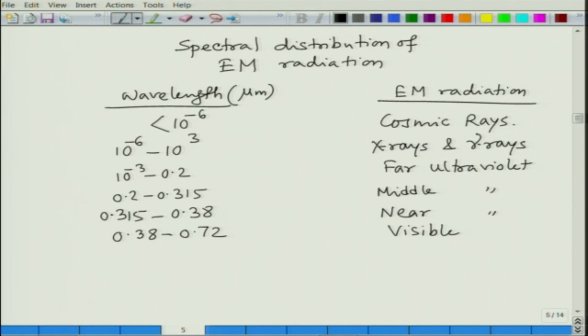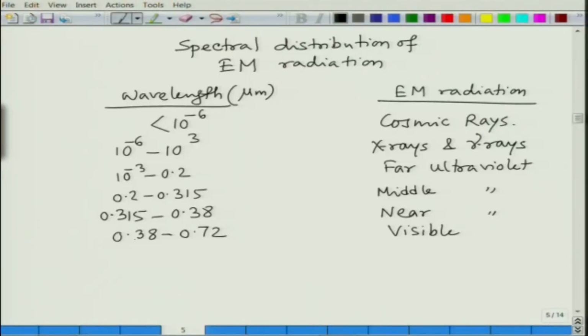But other than visible light, all kinds of radiations are actually coming and going around you from different electronic gadgets, from sun, even from stars, and nebula and everything, and the visible light, that is what we see. Okay. So, that range is 0.38 to 0.72 micrometer, and beyond that, 0.72 to 1.5, we call it near infrared.